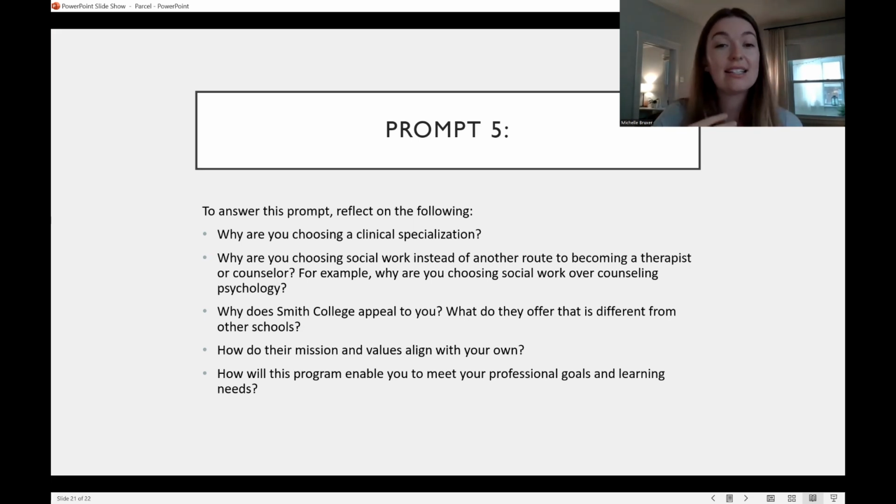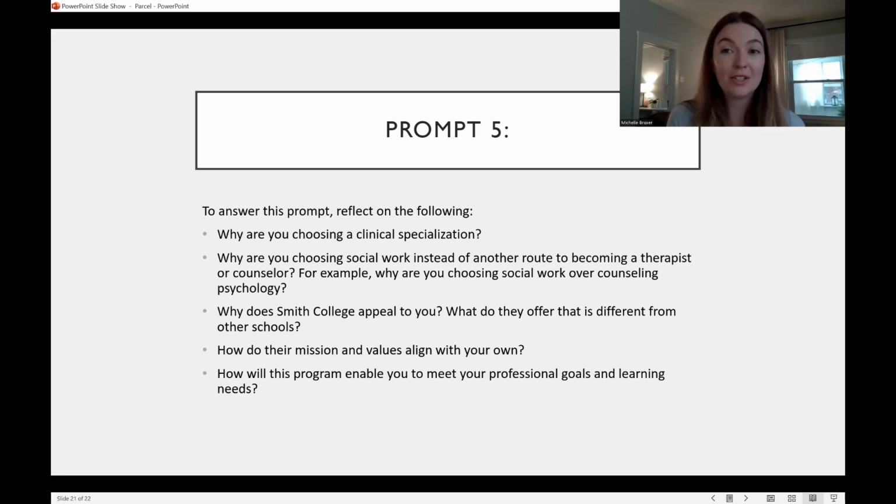Okay, and why does Smith College appeal to you? What do they offer that is different from other schools? How does their mission and values align with your own? And how will this program enable you to meet your professional goals and learning needs?